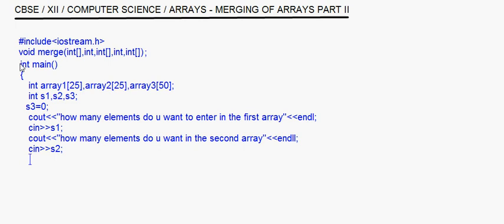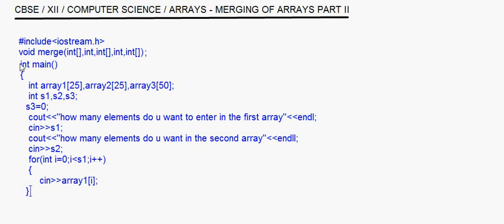After this, you can enter the elements into this array using your for loops. So I take for int i is equal to 0, i less than s1, i plus plus. Remember that this should be in ascending order. So here you say cin >> array1[i].